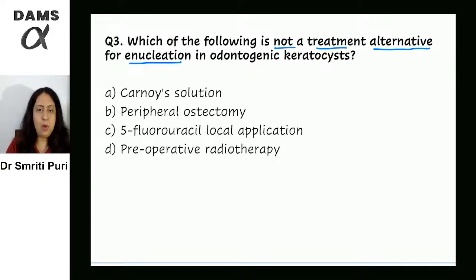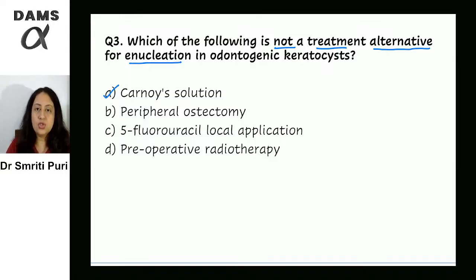Now let's see one by one. Carnoy solution, yes, we all know that we use Carnoy solution after we have done the enucleation in the remaining hollow bony cavity. Its function is chemical cauterization, so it helps in targeting satellite cysts or daughter cysts, and it helps in decreasing the recurrence.